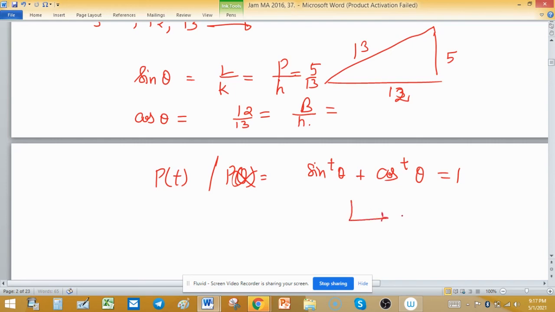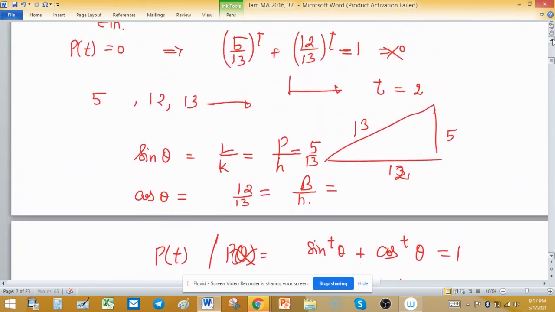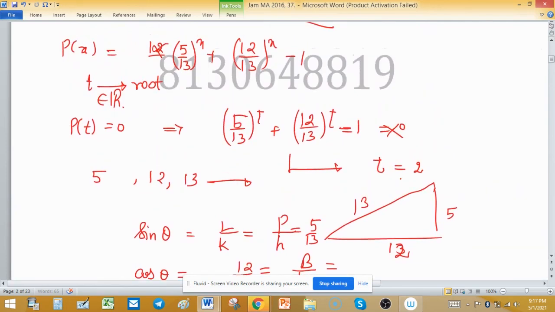This trigonometric identity is true when t is 2. So only one real root exists, and the value of t is 2.